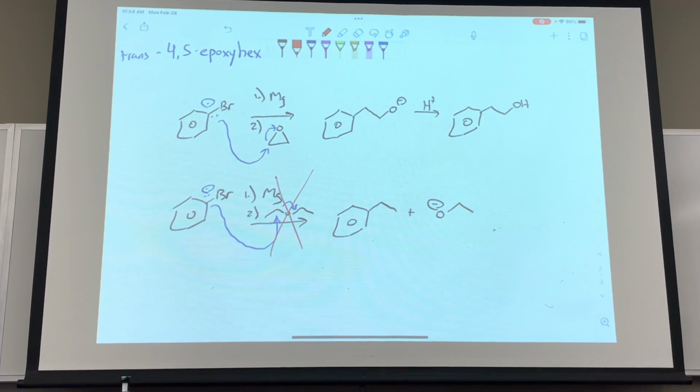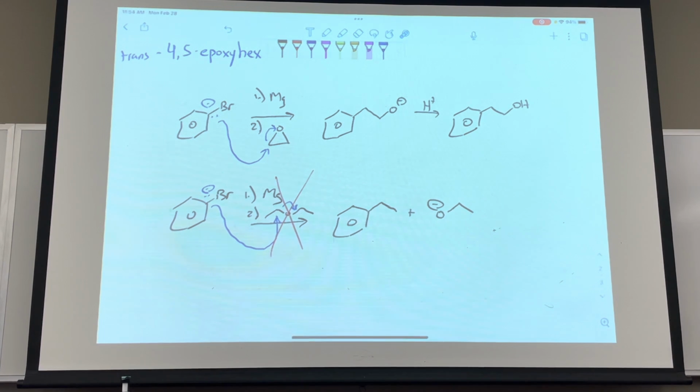And the primary reason for this is, we're attempting to do an SN2 mechanism here. Nucleophile attacking our supposed electrophile and kicking out the leaving group. Well, look at what your leaving group is in this reaction.